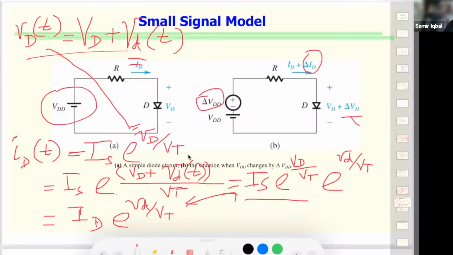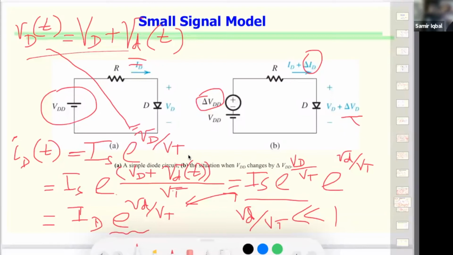Now the question is, if I keep this v_d so small that v_d over V_T is very, very much smaller than 1, I can expand this exponential in terms of a series, and I can get the terms that come out of that.